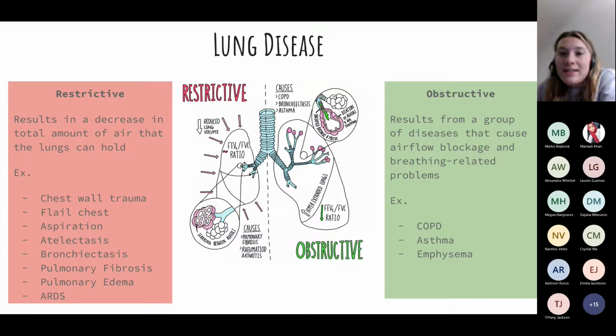We can categorize lung disease into two different categories: restrictive and obstructive. When we think restrictive, think my lungs aren't able to hold as much as they could. Certain chest wall trauma can cause blood to build up.